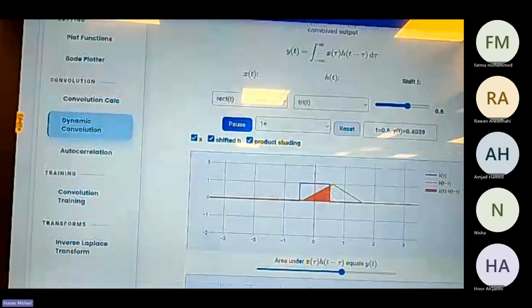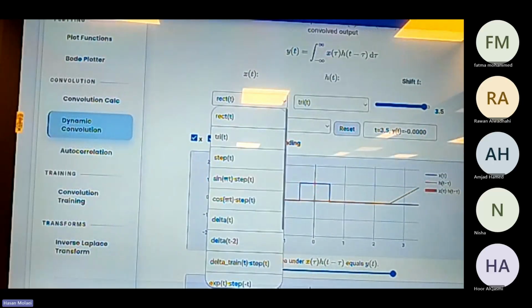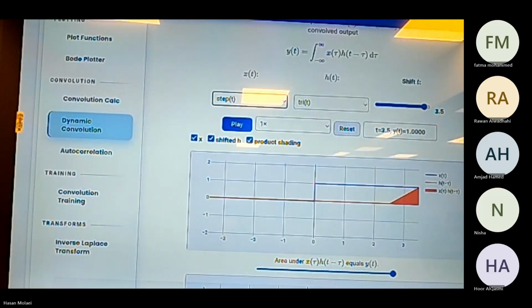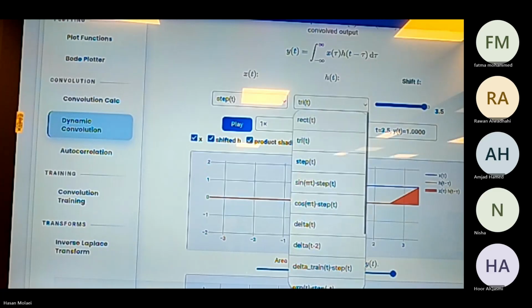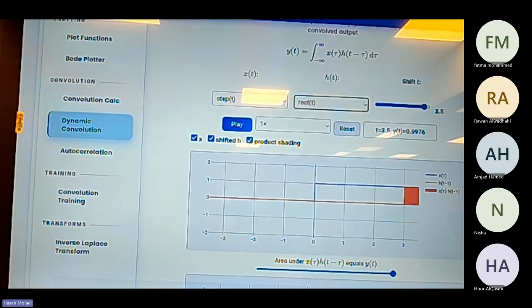You can use different functions, for example a step and a rectangle. What's your expectation if I have a unit step as an input and a rectangular h(t)? What would be the answer? Infinite?